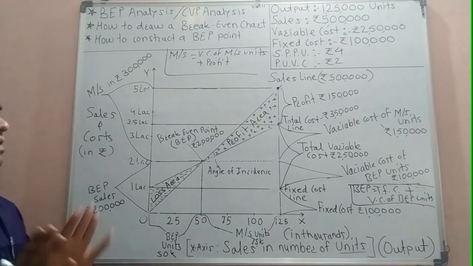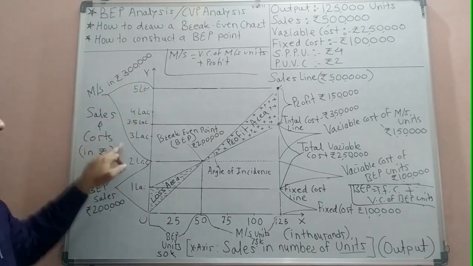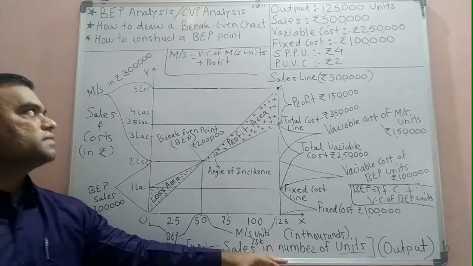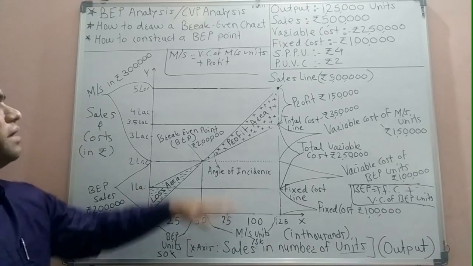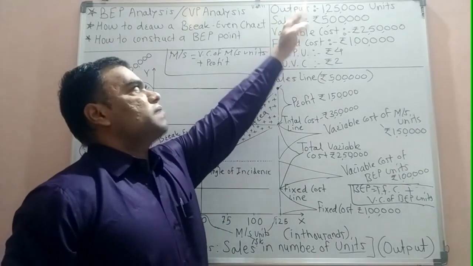So I am summarizing again. Y-axis: sales rupees, cost rupees. X-axis: number of units sold. Then equal points are to be made on the x-axis and y-axis. We have to divide both variables by a common figure.